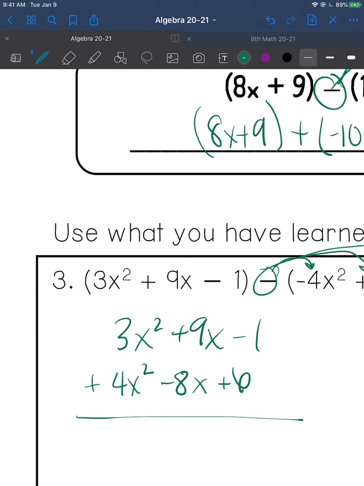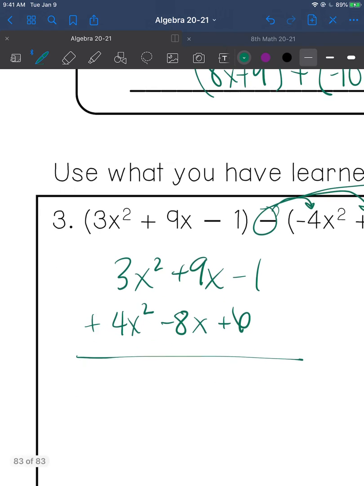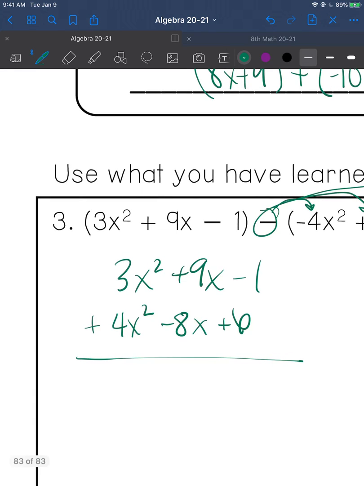I've stacked the like terms: x squared and x squared, x, and then my constants. So I'm going to add the coefficients. 3 plus 4 is 7x squared. 9 minus 8 is 1, just x. 6 minus 1 is 5. So we've just subtracted the two polynomials.